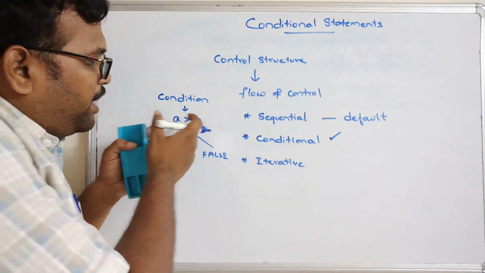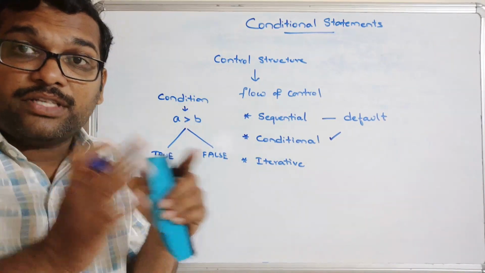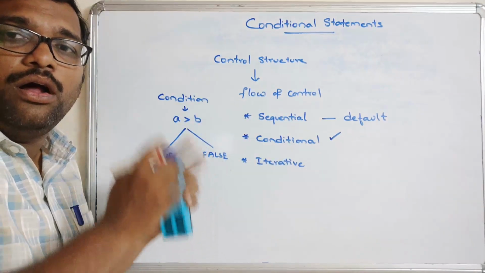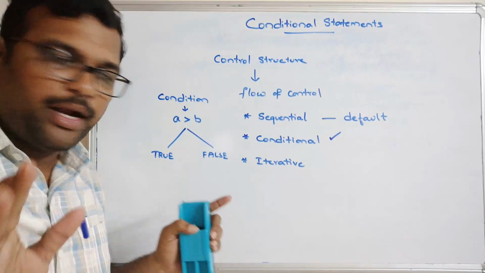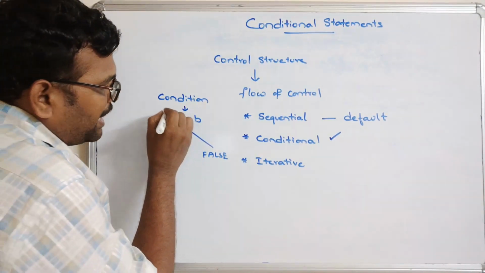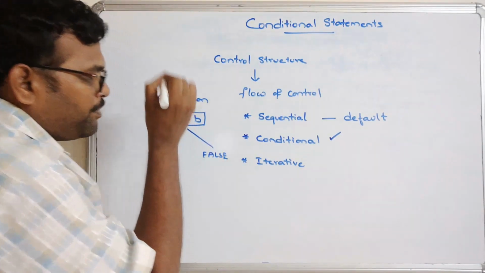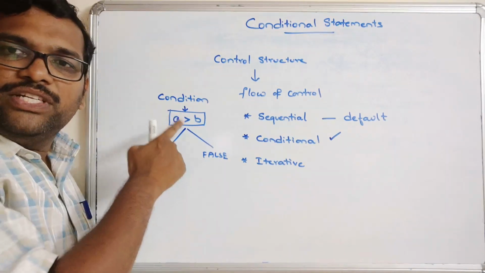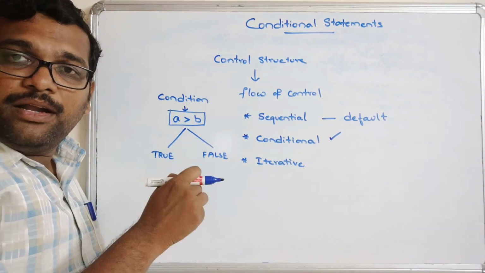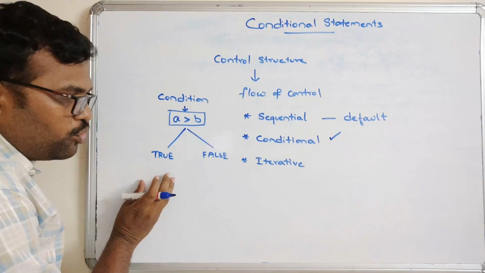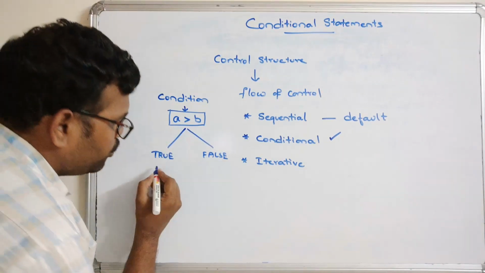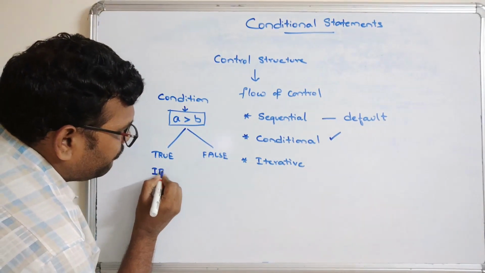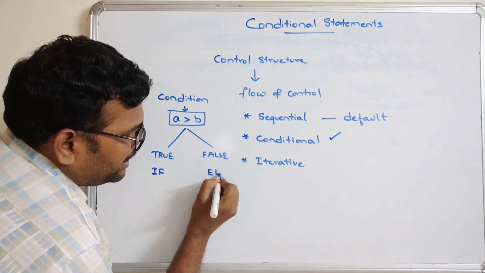If you are comparing two variables, the result will be either true or false, but not both, right? Based upon the result of this condition, the interpreter will execute either the true block or the false block. Usually we call it if, and here we call it else.